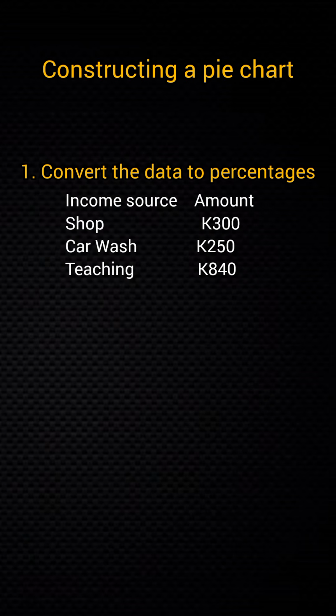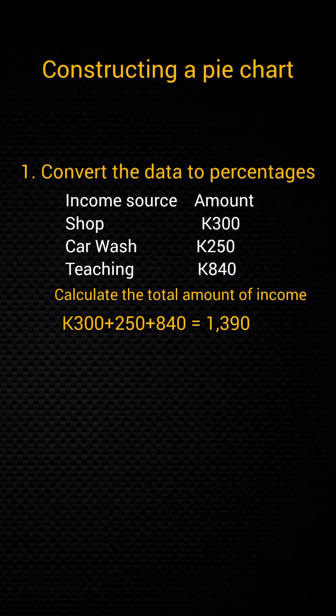So you have three income streams for this family. The shop brings in 300 kwacha, the car wash brings in 250 kwacha, and teaching brings in 840 kwacha. So calculate the total amount of income.